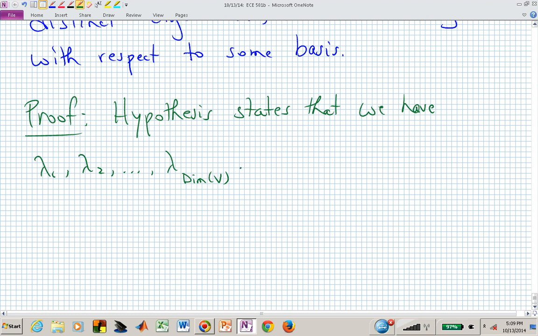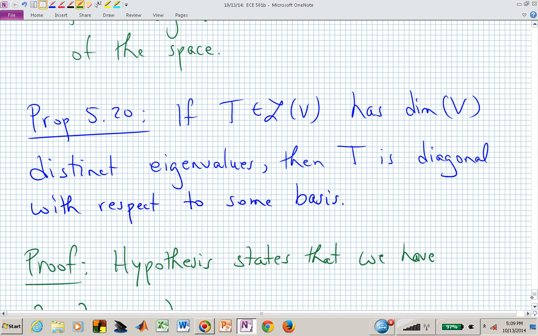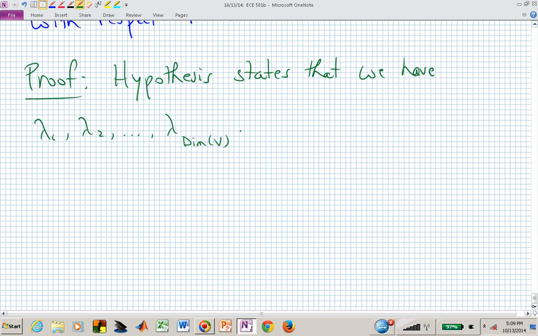So lambda 1 is not equal to lambda 2, is not equal to any of those lambdas, up to little n is what I like to say, but let's just call it up to subscript dimension V, whatever the dimension of our vector space is. That's given. We have a linear operator that has little n distinct eigenvalues. That's the statement A.